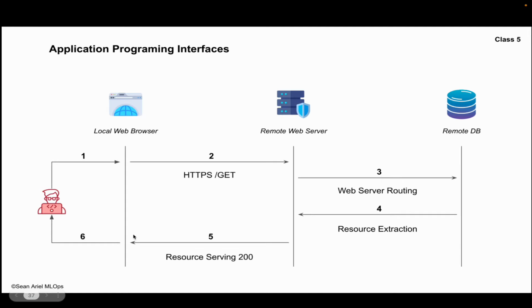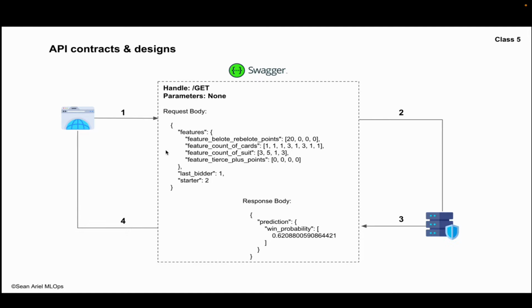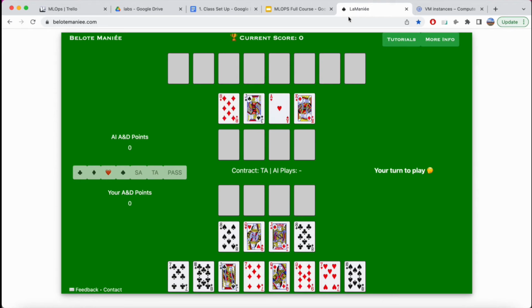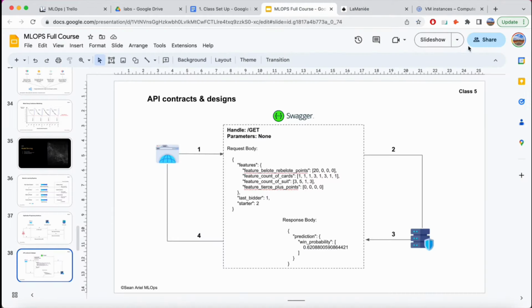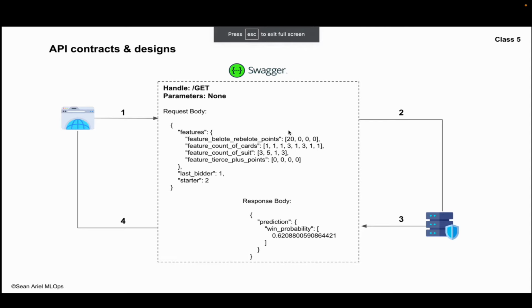And if we go deeper and really try to understand what is going on behind the scenes, essentially I'm here and I spin up a web browser, and when I play against the AI, what really happens behind the scenes, in terms of the API, is we have this ping-pong game between the browser and the server, providing some data.